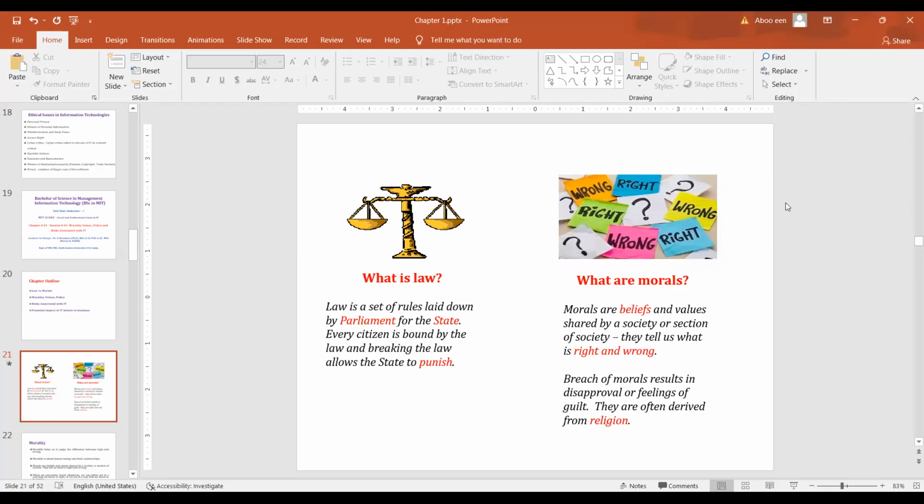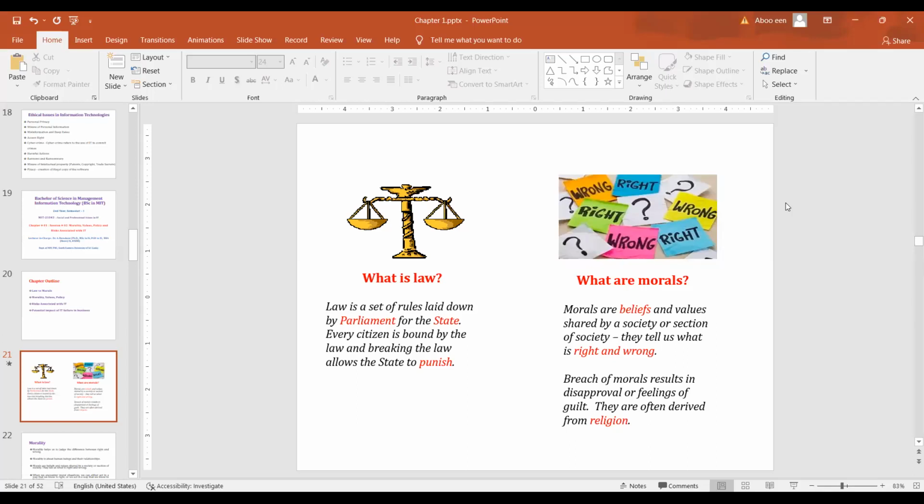They may pay penalties, or go to prison, or face other legal actions. So that is law.